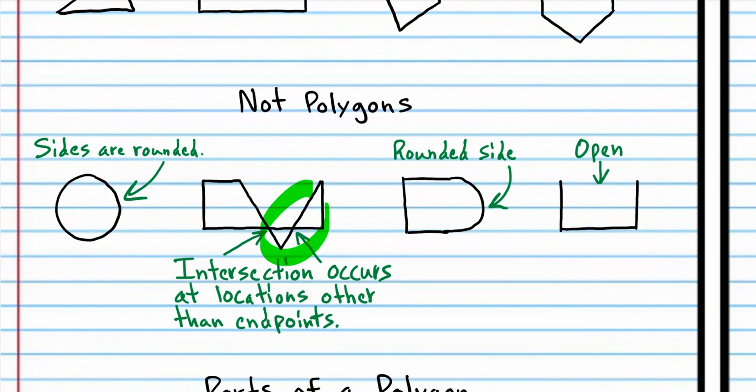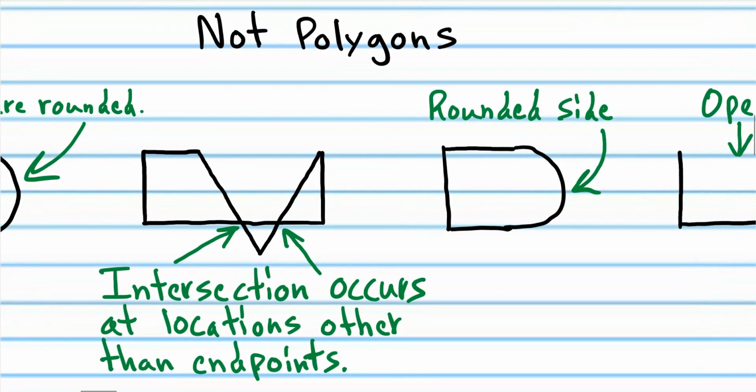This is not a polygon because even though its sides are segments, the sides don't intersect only at endpoints. They intersect somewhere in between the endpoints of the segments.